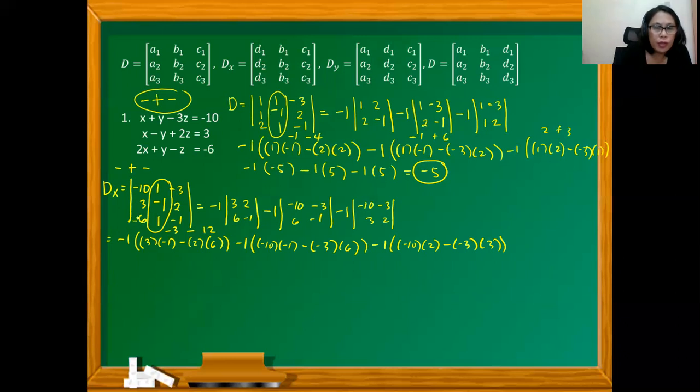This is negative 6. So this must be negative 6. This is negative 6. This is negative 6. So this is negative 6 also. So if this is negative 6, this will be plus 6.